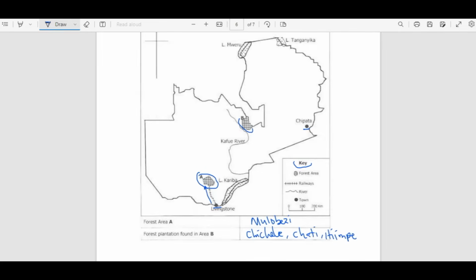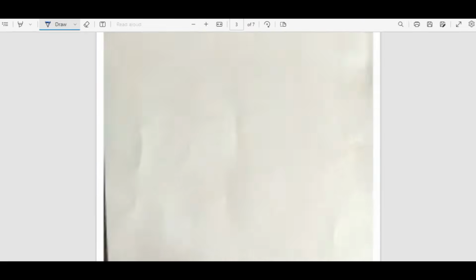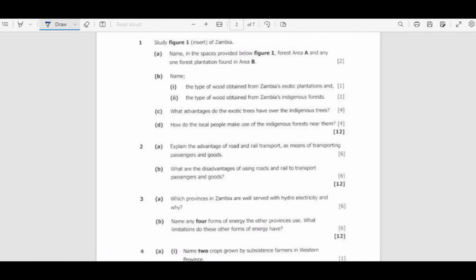Okay, so now let us go back to question 2, because we are done with question 1. So question 2, name one type of wood obtained from Zambian exotic plantation. So first of all, what you have to understand is exotic.